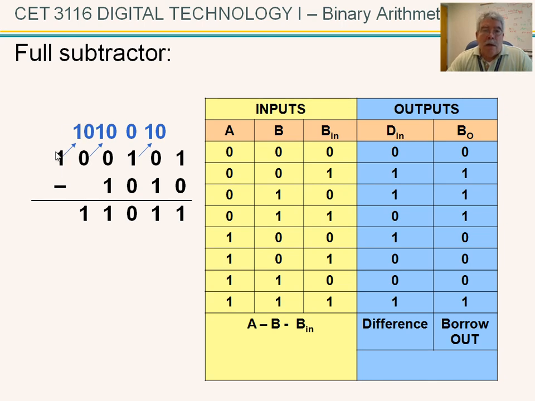And now, the last one is 1 minus 0 with a borrow in. And that would be 0 with a borrow out 0. Okay? So see that this intermediate got a 1 in this case. So this is pretty much the way in which we perform subtraction.